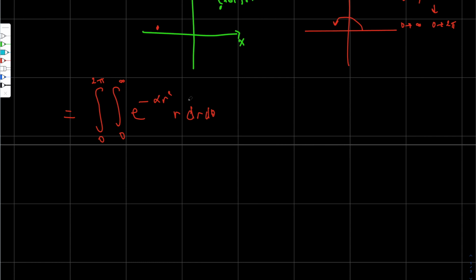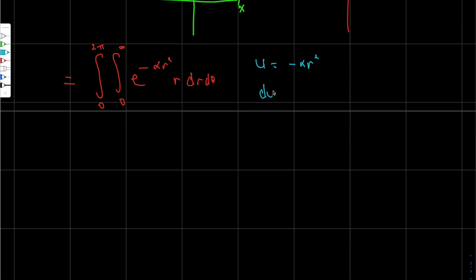So we're going to try to u-sub this integral. We're going to let u equal minus alpha r squared, and then we'll let du equal minus alpha 2r dr. So now let's substitute that in here. Now we see that this u-sub doesn't affect theta, so theta is still going to go from 0 to 2 pi.